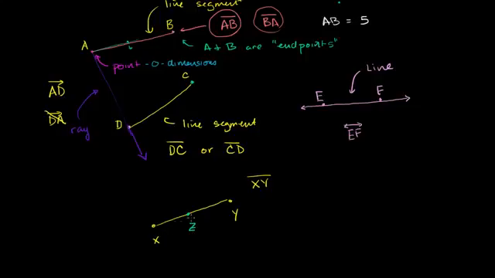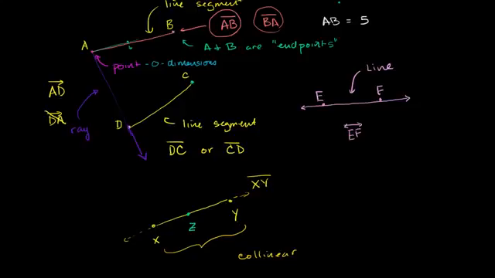X, Y, and Z all lie on the same line, if you would imagine that a line could keep going on and on forever and ever. So we can say that X, Y, and Z are collinear. So those 3 points are collinear. They all sit on the same line. And they also all sit on line segment XY.